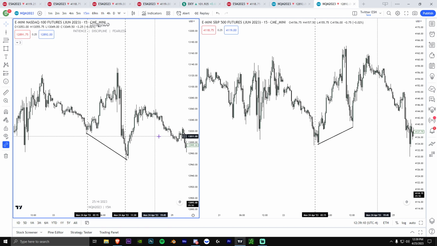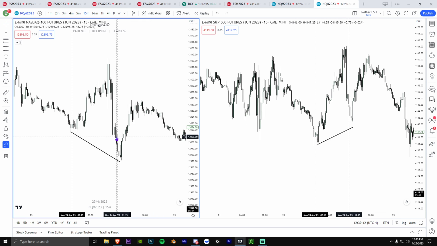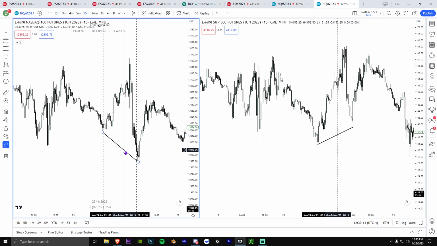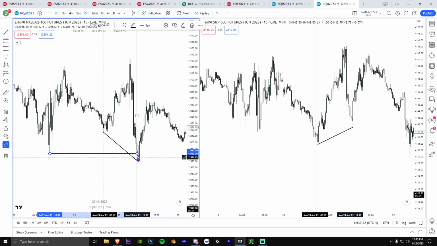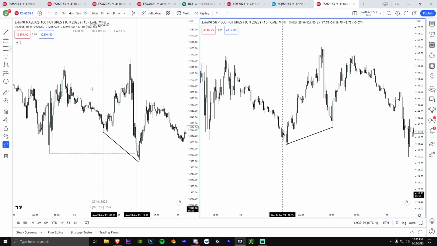Oftentimes what might happen, like in this example, is we're bouncing with no displacement after hitting this low. You can turtle soup this low, meaning if ES is inside a fair value gap at the same time, and at the same time NQ is sweeping a low, that's when you know you can soup an entry.